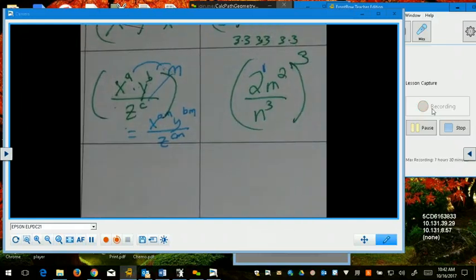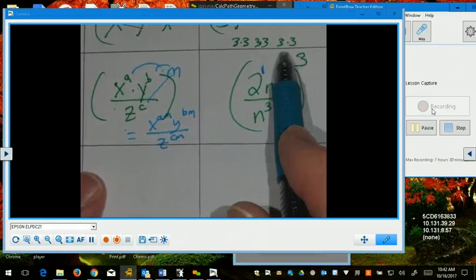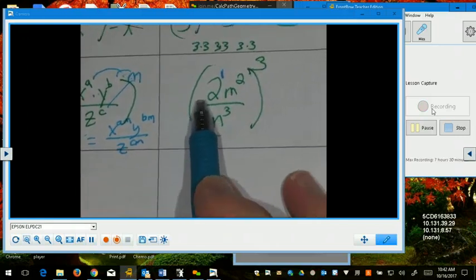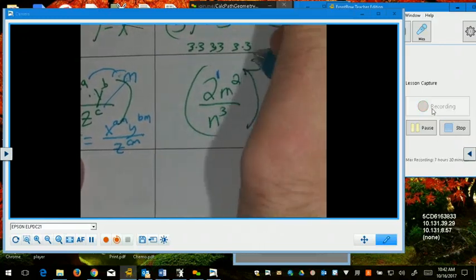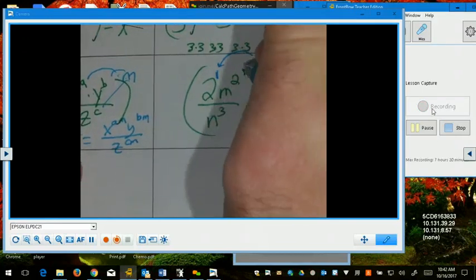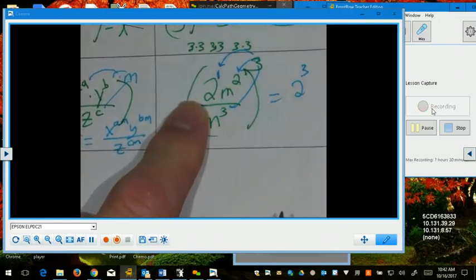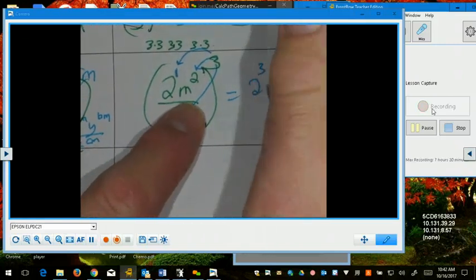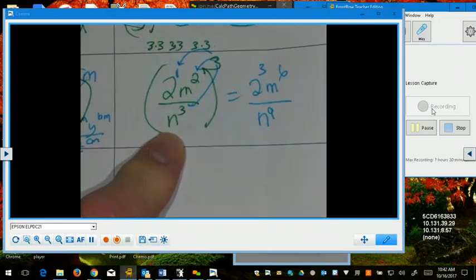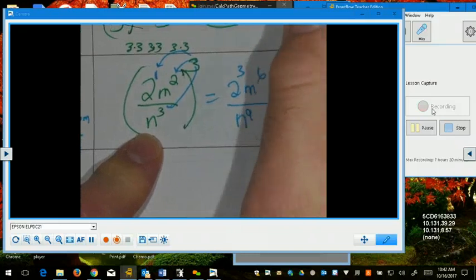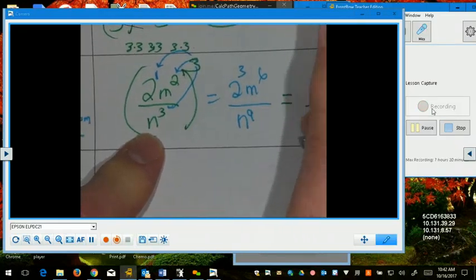The common mistake people make is they are so used to distributing, they're thinking, oh, I'm going to distribute 3 times 2 is 6. You're not supposed to multiply the base with the exponent. You're supposed to multiply the exponent with the exponent. So this actually is 2 to the 3rd, which is not 6, m to the 6th, and n to the 9th. 2 to the 3rd is 8. So that would be 8m to the 6th over n to the 9th.